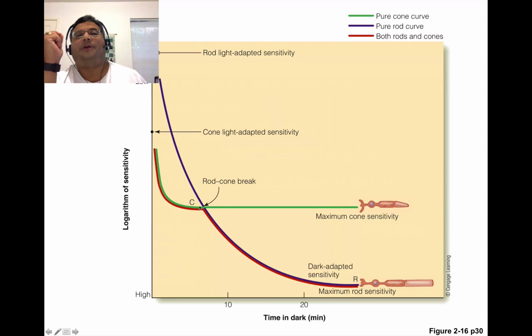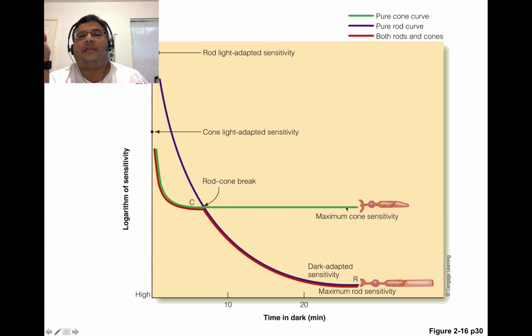Your cones, on the other hand, start increasing in sensitivity too. But you have to remember, cones are designed only for vision in light. So they can only become so sensitive. After a while, they stop, and then they just shut down, and they're just sitting there.